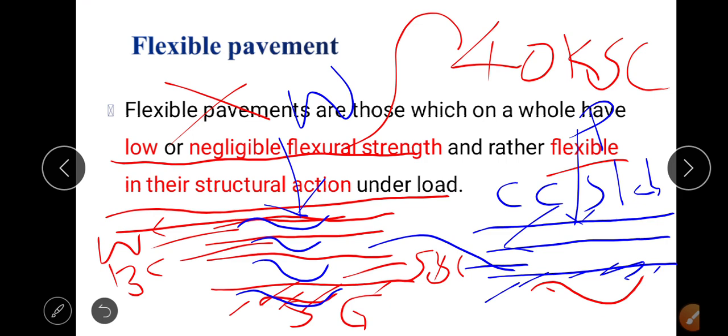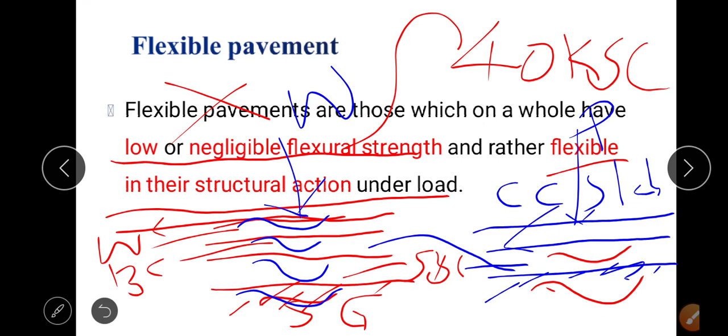There could be some variation here because it is subbase or base course, but it will not enter into the cement concrete slab, and ultimately that will not be reflected on the surface. That is the most advantage.